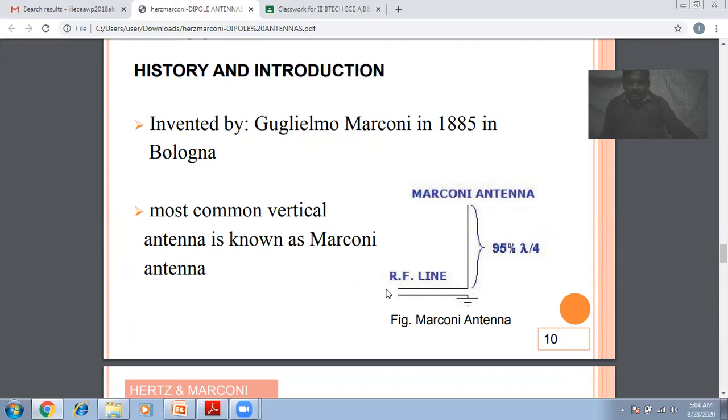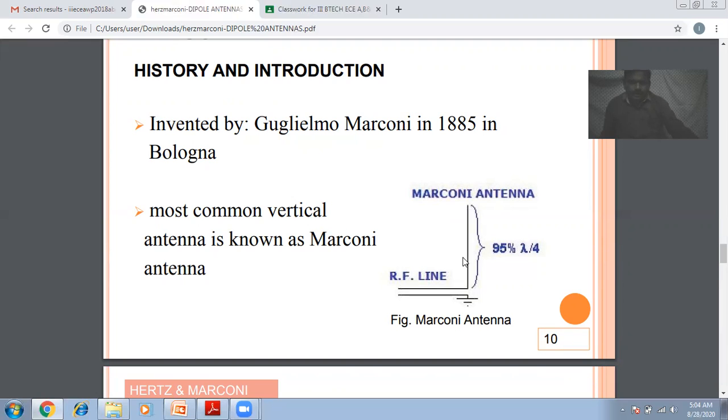Directly we can connect the coaxial line without the need of a balun. That is the merit of this antenna, and also the directivity of this antenna is double that of the dipole antenna. Therefore, generally this is preferred for high gain applications.